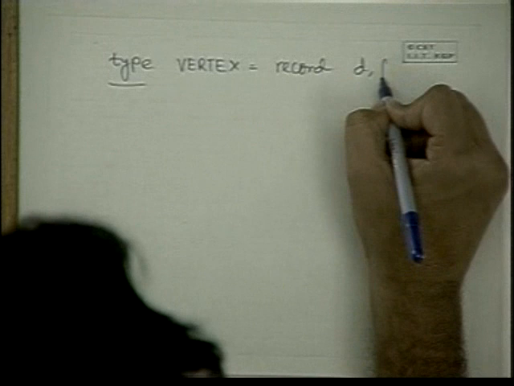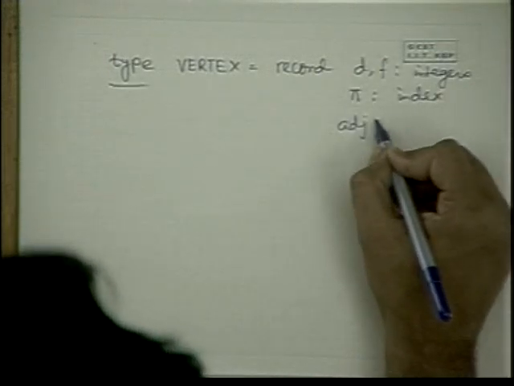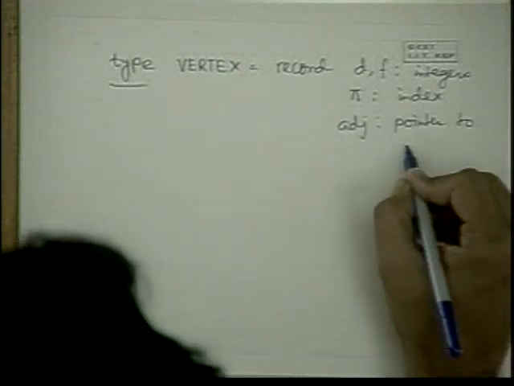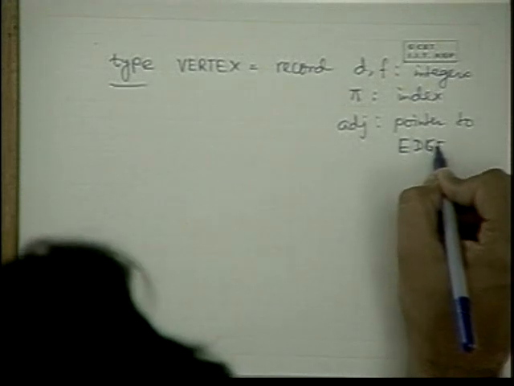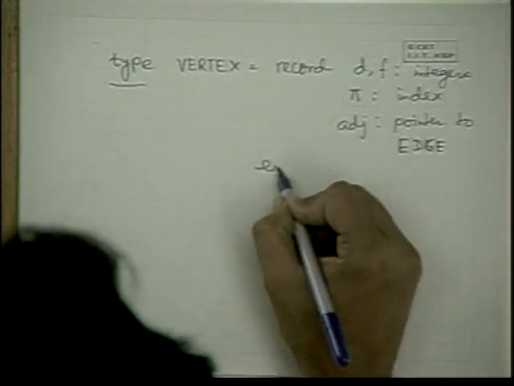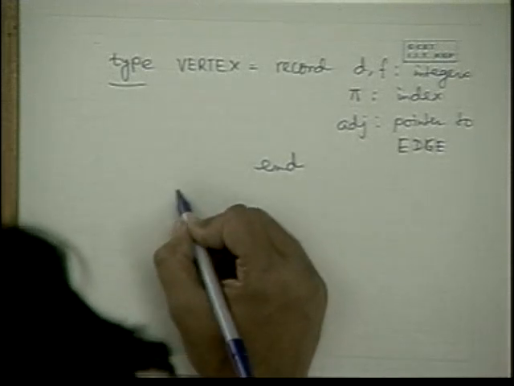Basically index is nothing but an integer. And there is another field called adjacency list, which is a pointer to another structure called edge, which I am going to define. So this is the vertex structure. So how do you define now edge?